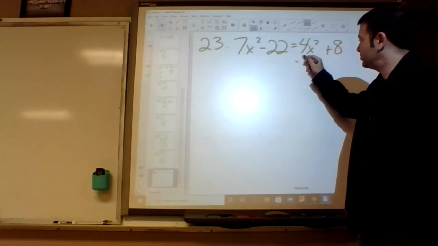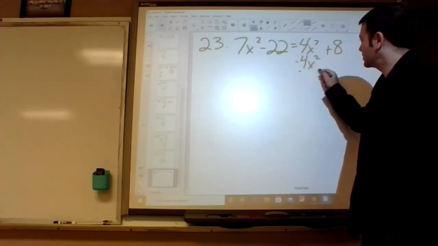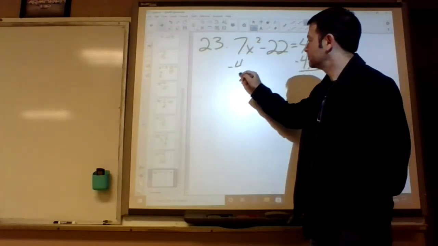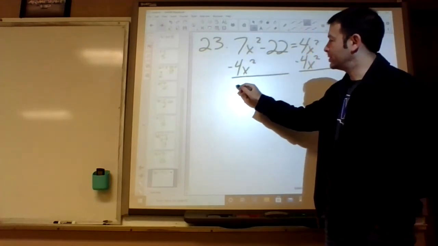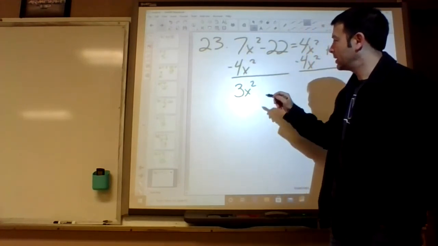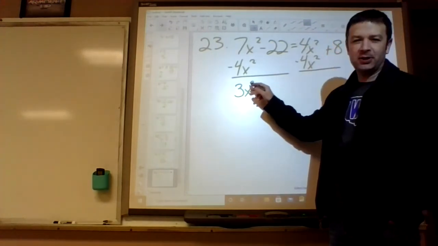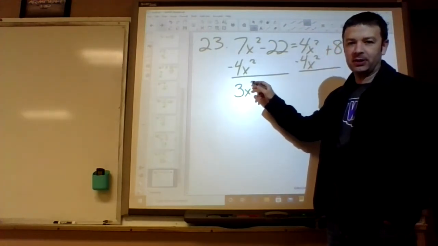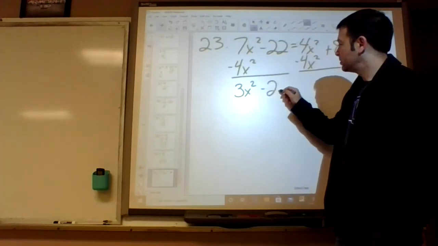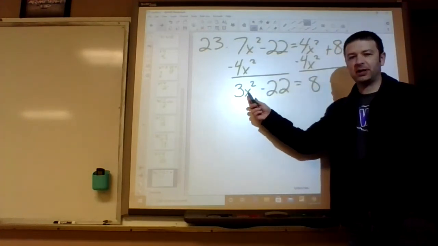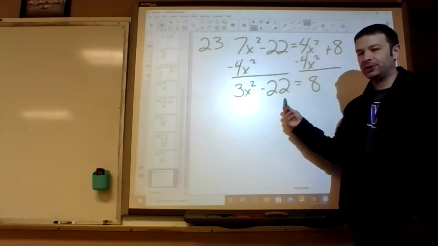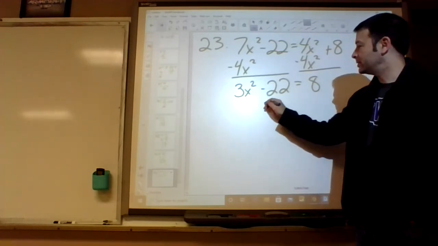So I'm going to subtract 4x squared. So 7 minus 4 is 3x squared. The exponents don't change when you're adding and subtracting. Okay, so just like a normal problem, you're going to add 22 divided by 3.